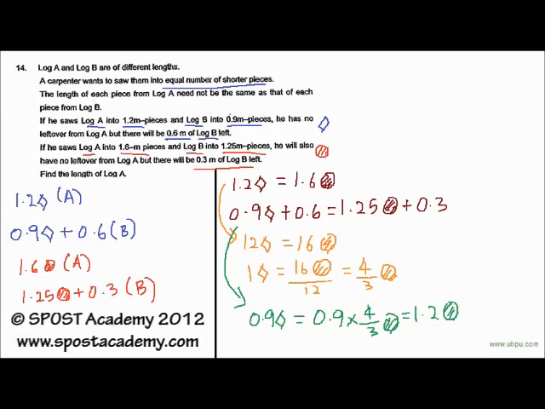So from here we can find out that this equation simply means 1.2 circle plus 0.6 is equal to 1.25 circle plus 0.3.